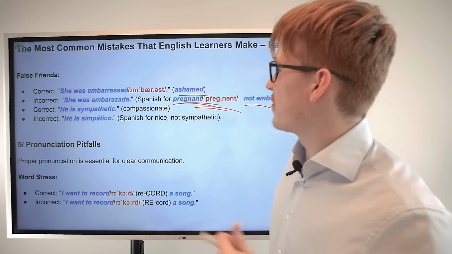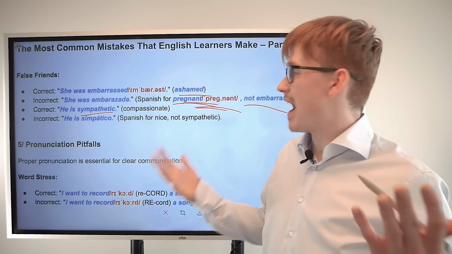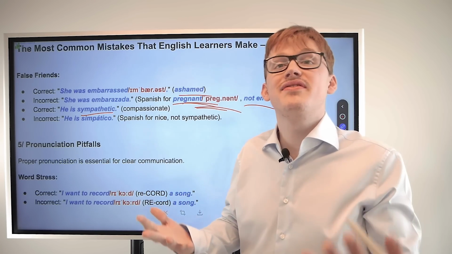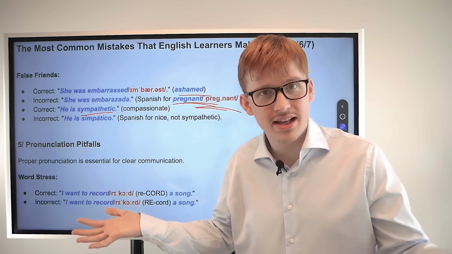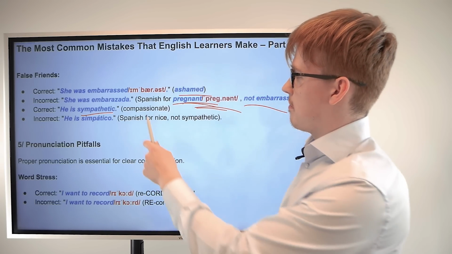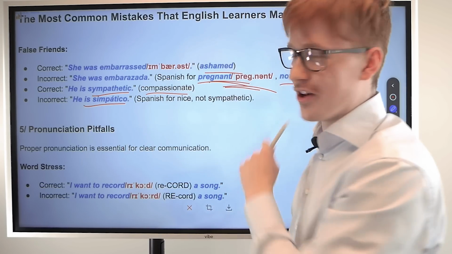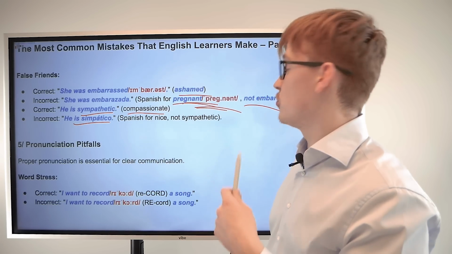So next up we have the word sympathetic, which means in English, compassionate. It means someone's empathetic. They understand how someone's feeling. They can be friendly with someone even when they're sad or something like this, you see? And they're being compassionate to them. Whereas in Spanish, we have simpático, which is Spanish for nice, not sympathetic.